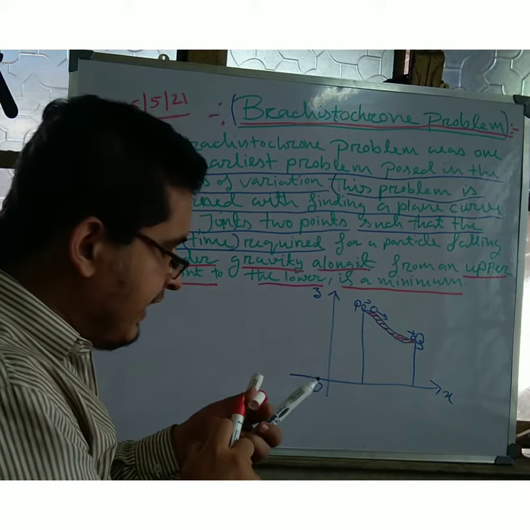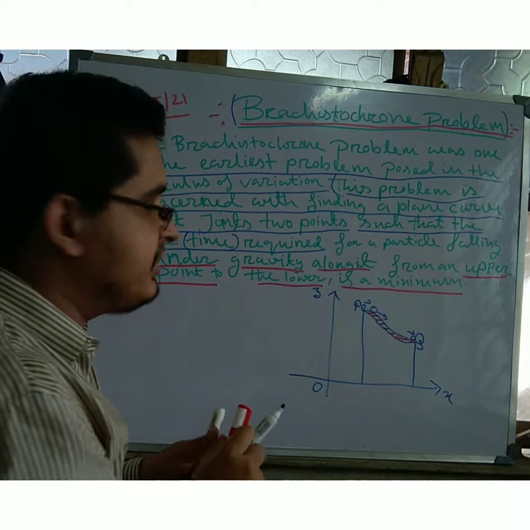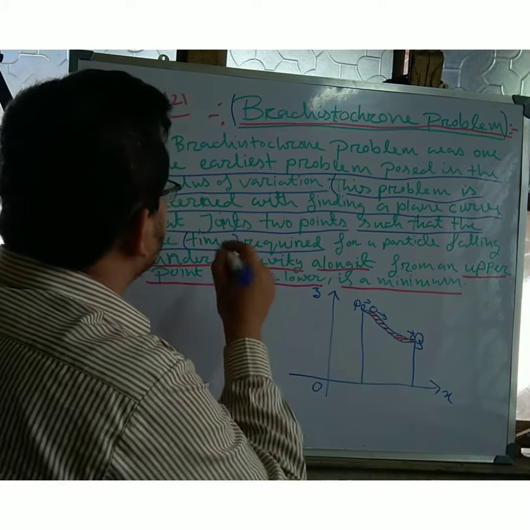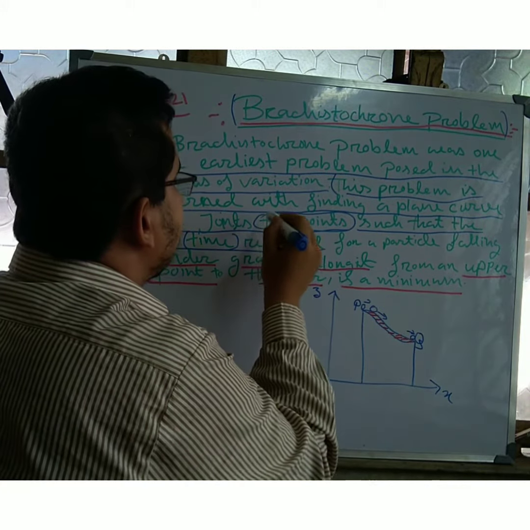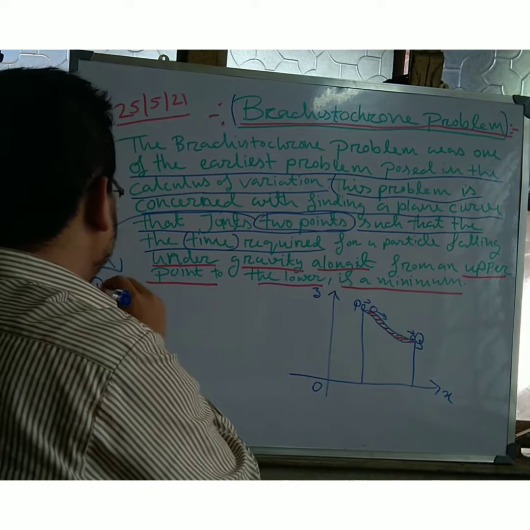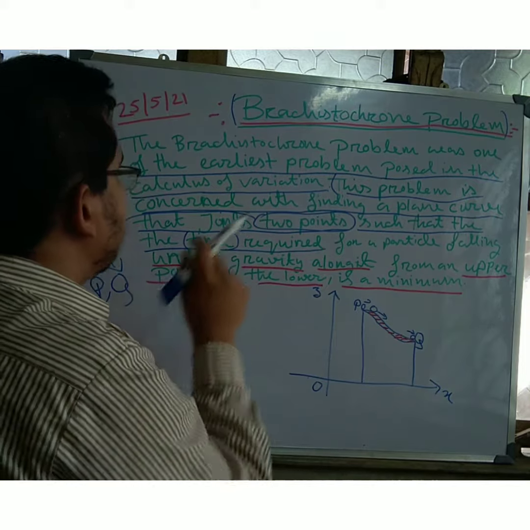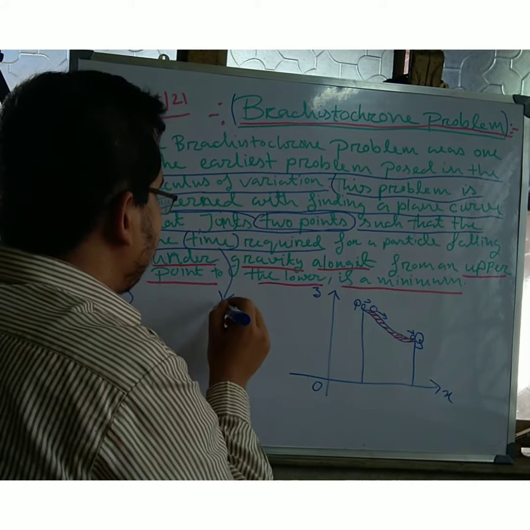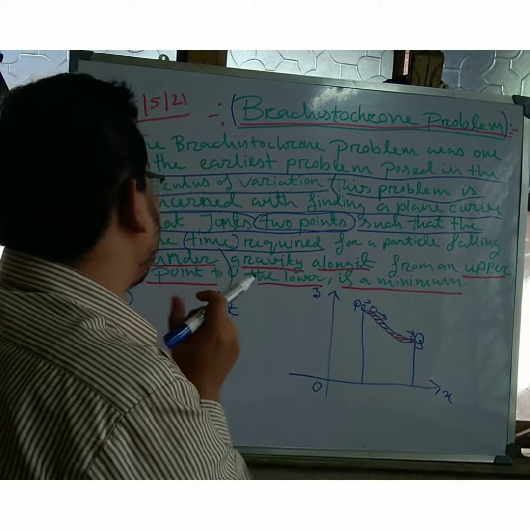So friends, I will explain everything with the help of mathematics. The two points are P and Q, and the time required is called delta T, with gravity acting from the upper point.